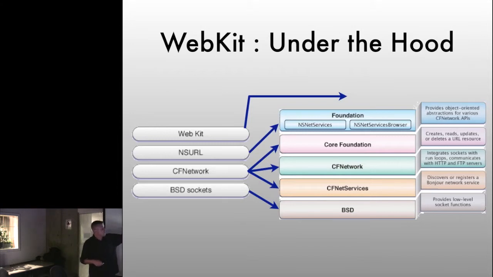Going up the network layers, the lowest level is responsible for talking to the sockets directly, and the higher level is responsible for communicating with the high level API. And then NSURL is one of the NS Foundation services.